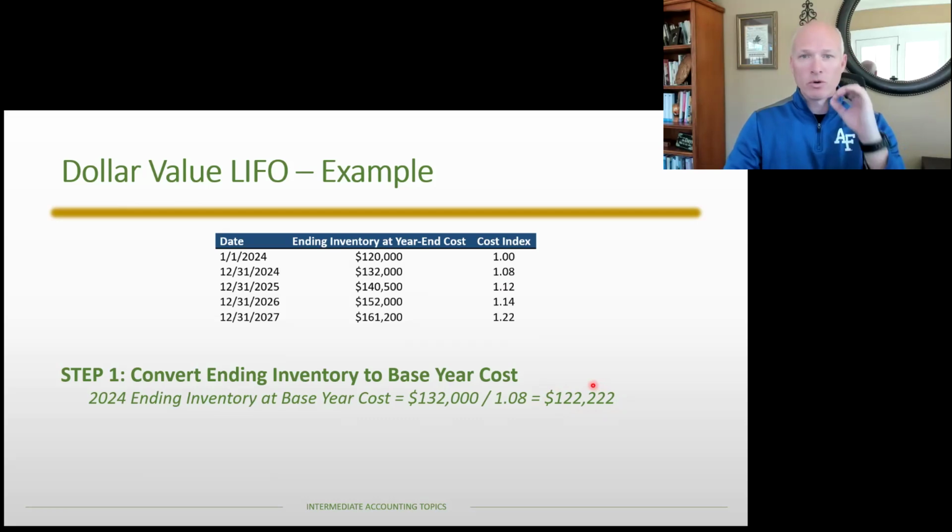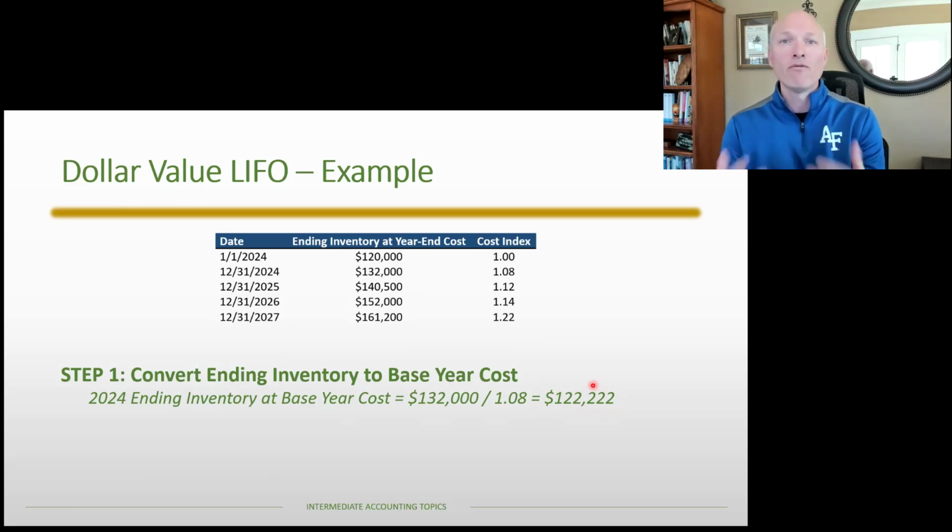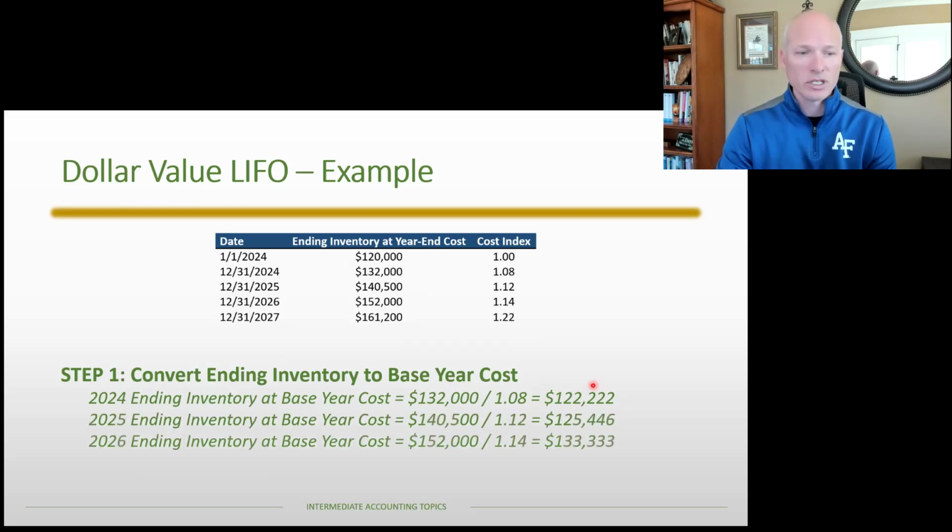So that's step one. Restate everything in base year costs. And again, the whole idea here is we're trying to eliminate the influence of inflation and instead focus on volume. That's the whole point. And so we do the same thing in 2025, 2026, and 2027.